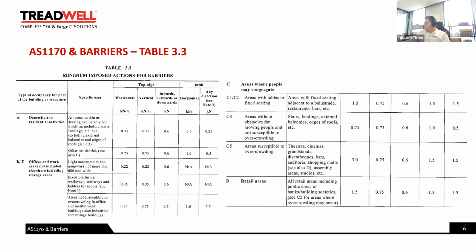Now, if we look at these loadings as compared to AS 1657, we can see that there's only really two aspects where an AS 1657 compliant handrail is able to be used outside of that industrial access. And as I said before, this is general advice, not site-specific advice.